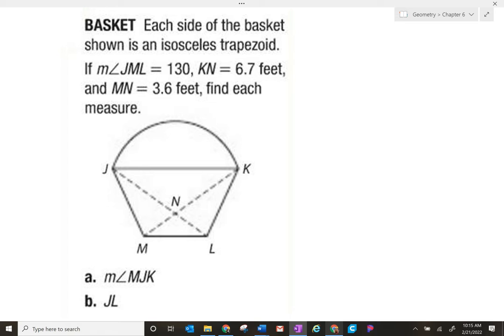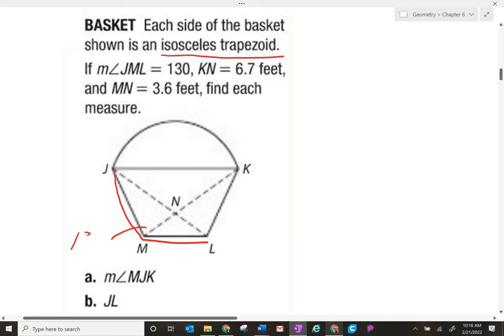All right, so I've got the shape. I'm going to plot these numbers on the shape itself. Understand that this one is an isosceles trapezoid. So the first one, angle JML, that is this angle right here.